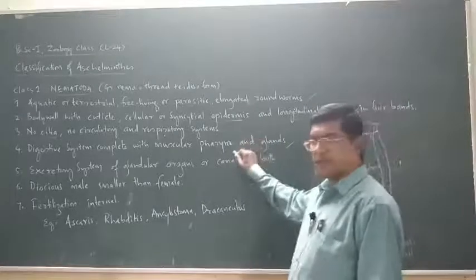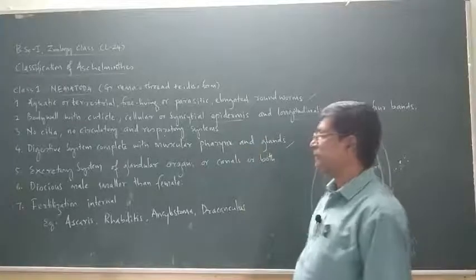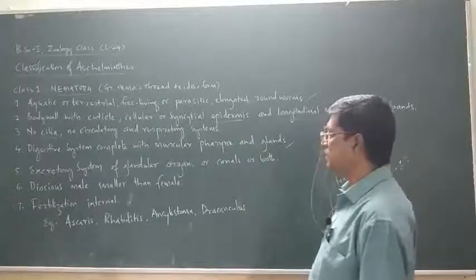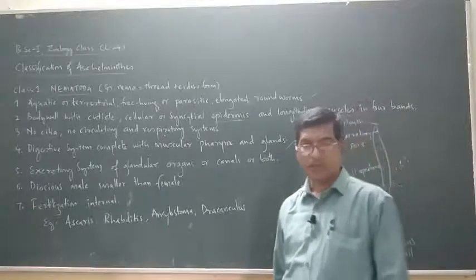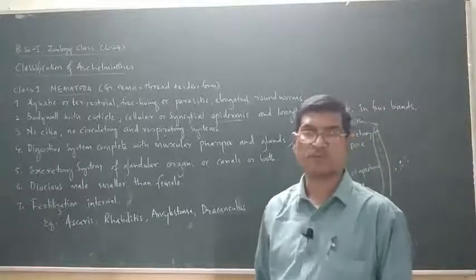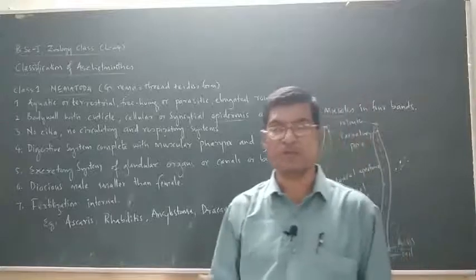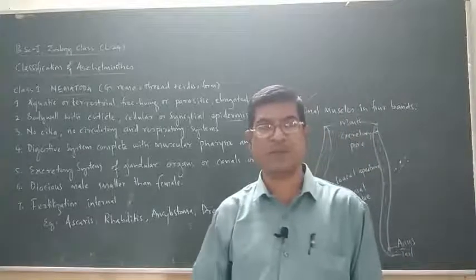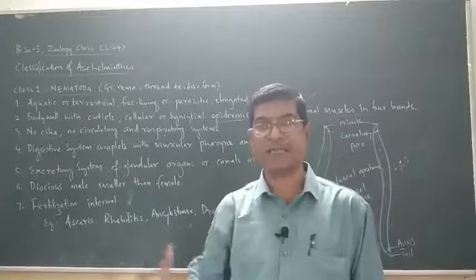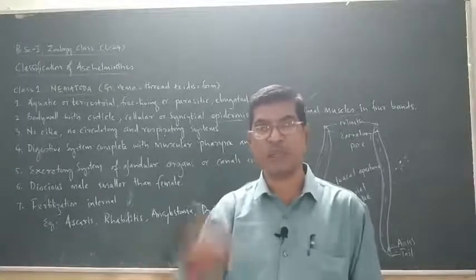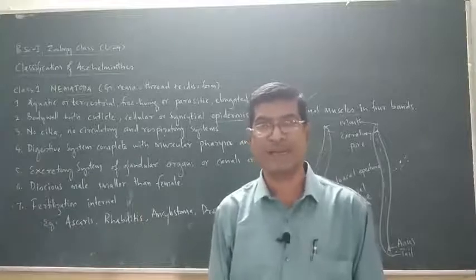Muscular pharynx is there and glands are also present. Next, excretory system of glandular organs or canals. It may have glands just below the pharyngeal region, or the excretory canals which open to the exterior through the excretory pore.